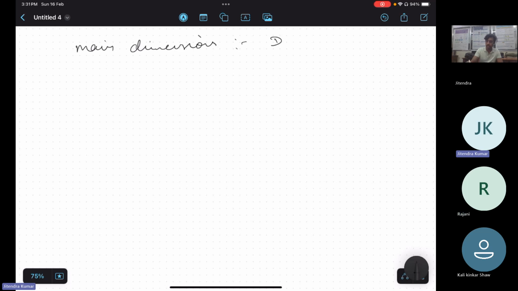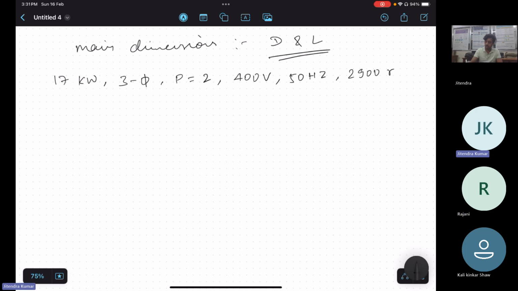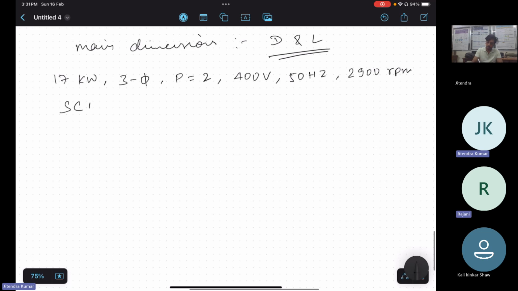Nothing but D and L. So we are given a 17 kilowatt, three phase, two pole, 400 volt, 50 hertz, 2900 RPM squirrel cage induction motor.